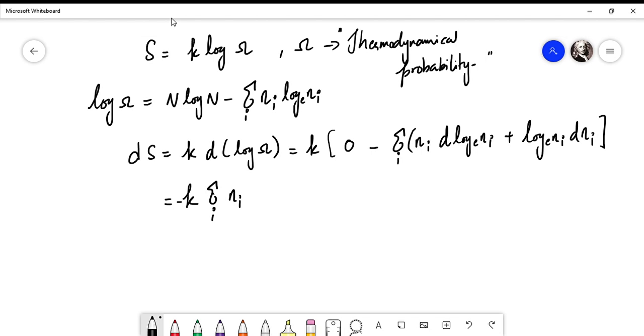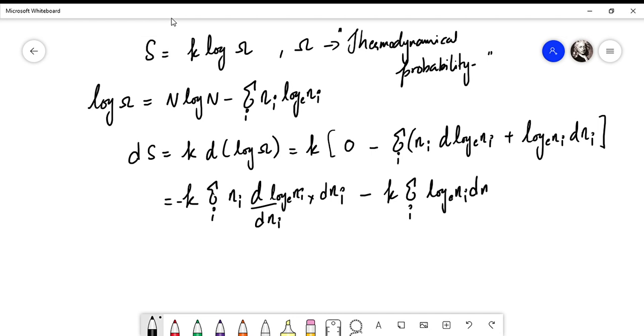So I have to find a differential in this, so why not just differentiate it with respect to ni, and let's check what we have here. So this is dni, right, plus, excuse me, now this becomes minus, I just multiply both sides by minus, and then this just becomes k summation over i of log e ni dni, right? I hope it's clear.